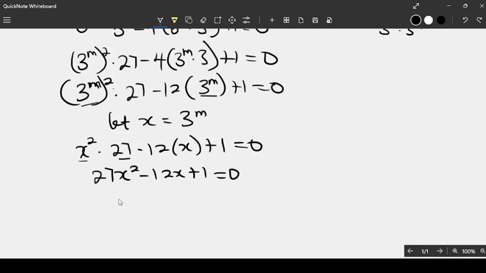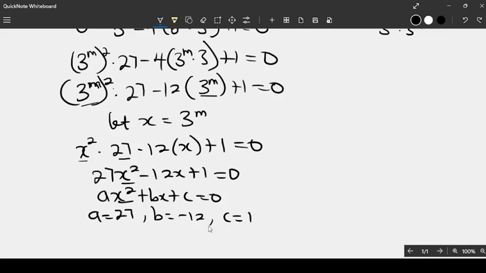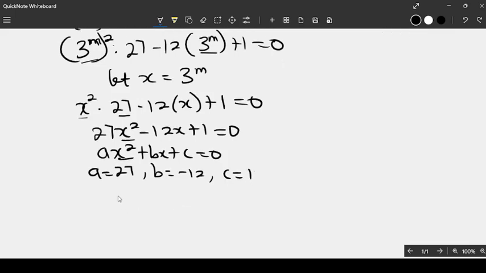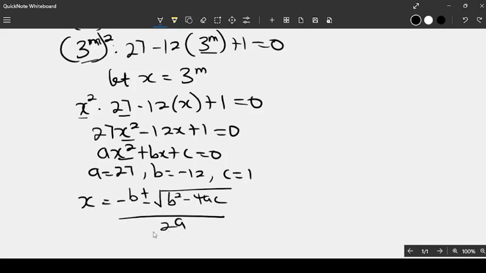Now we can see that this one is a quadratic equation of the form ax squared plus bx plus c equals to 0. So clearly a is equal to 27, b equals to negative 12, and c equals to 1. In this case, we can find the roots of the quadratic equation, which will become the values for x. So by using the almighty formula, x equals negative b plus or minus root b squared minus 4ac all on 2a.